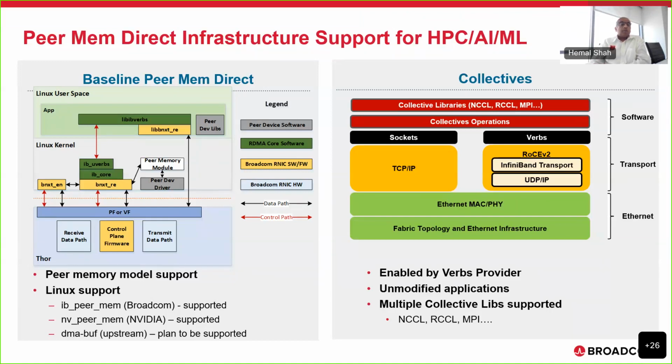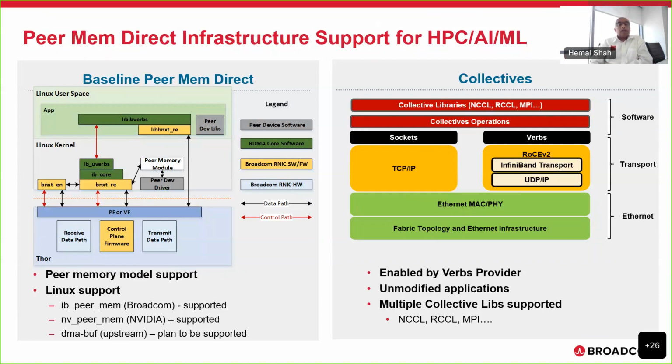Going forward, what we have seen is that Linux has this DMA-BUF infrastructure. That is generic infrastructure, which basically allows using standard software infrastructure to import and export memory from a peer device to the RDMA NIC. And that is what we are planning to add support for. With that support, we should be able to interface with any accelerator device which has the other side of support for DMA-BUF.